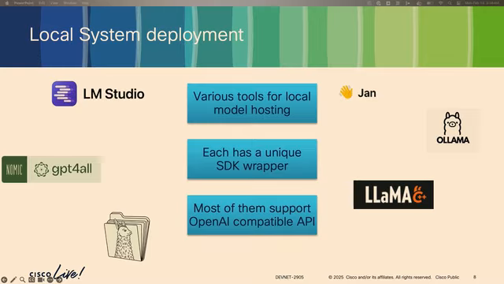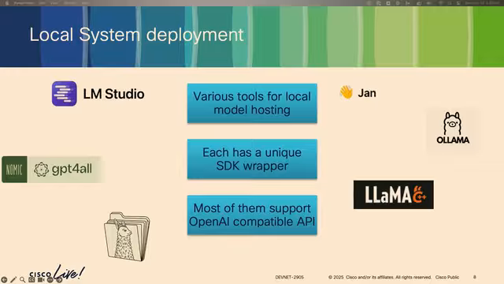Okay, so let's start with the basic thing, right? The local deployment. I saw a couple of people have added Ollama. There are a lot of local model hosting tools available, like Ollama, Llama CPP, LM Studio, GPT4All. There are too many tools that you can use to deploy your models on your local system, test out, and experiment.